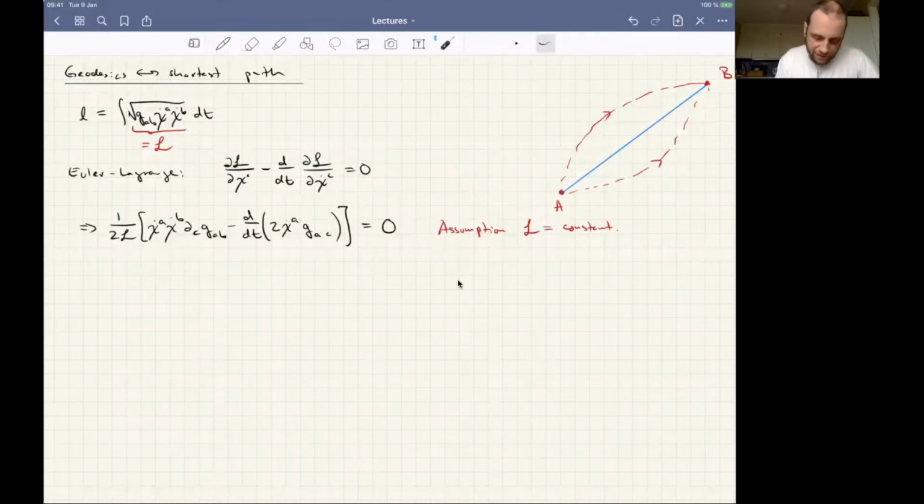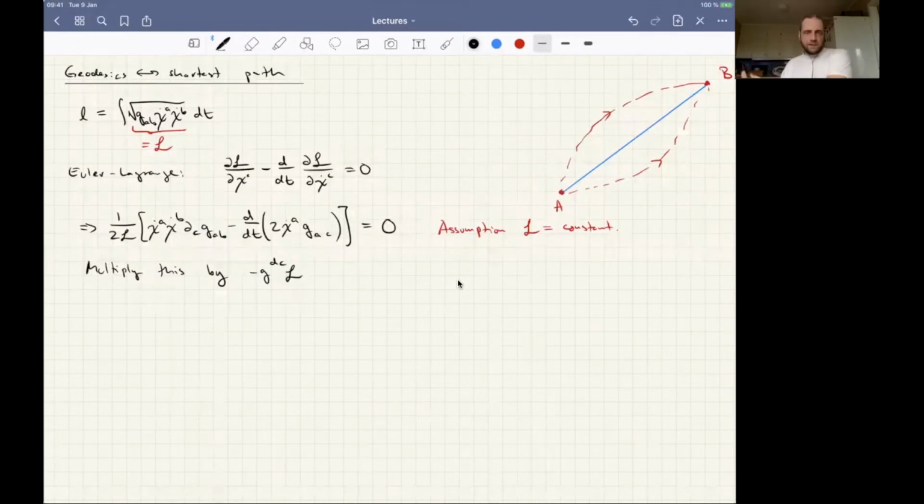So if I multiply this by minus G dc times L, the right hand side is still going to be 0, and the left hand side is going to take a slightly different form.